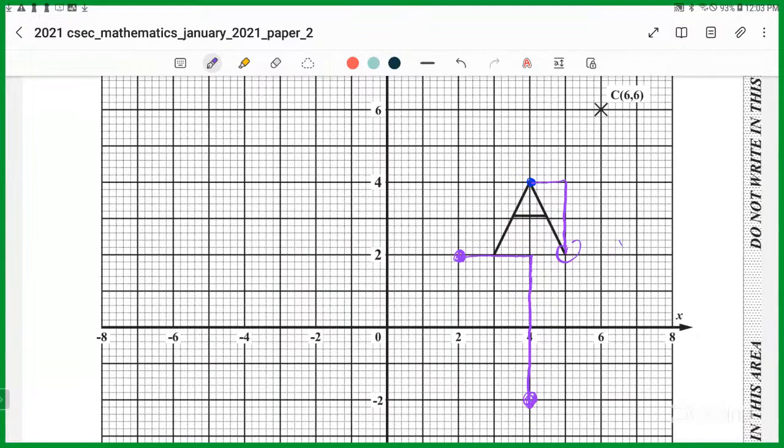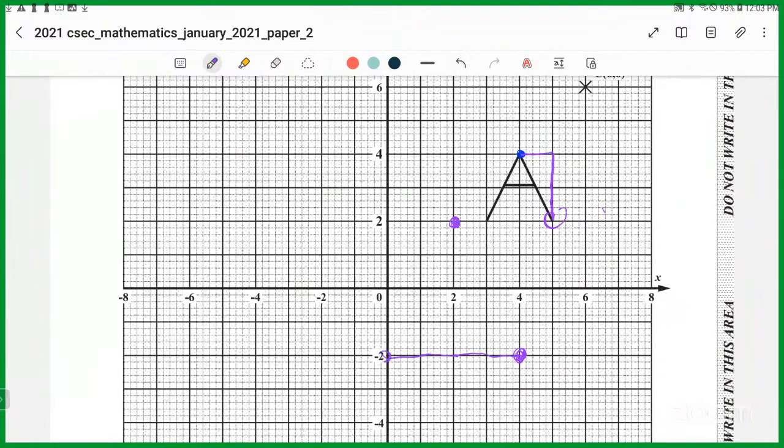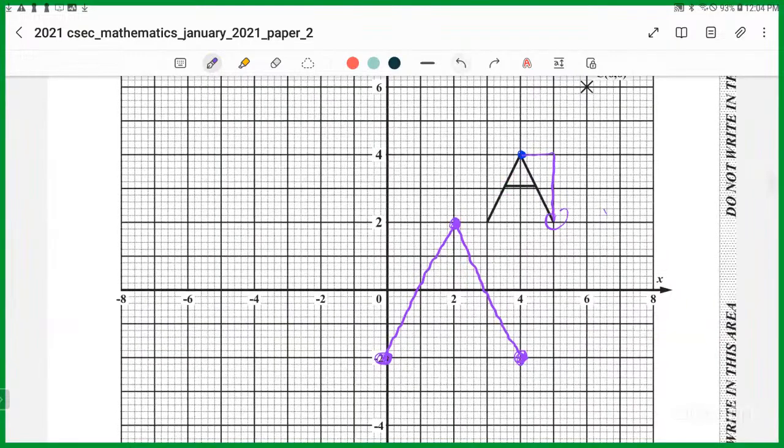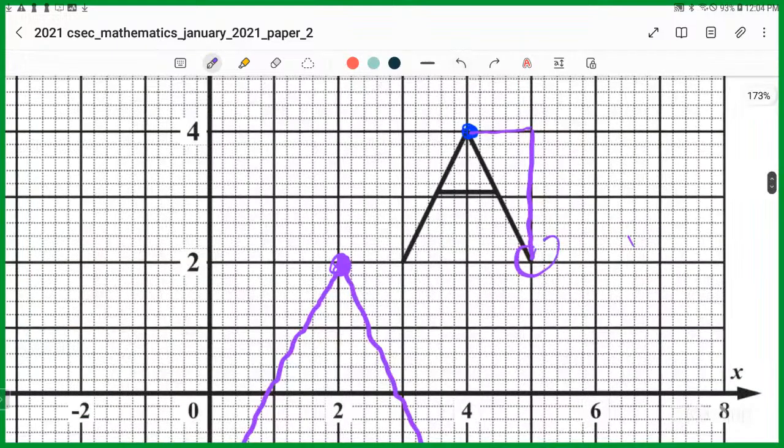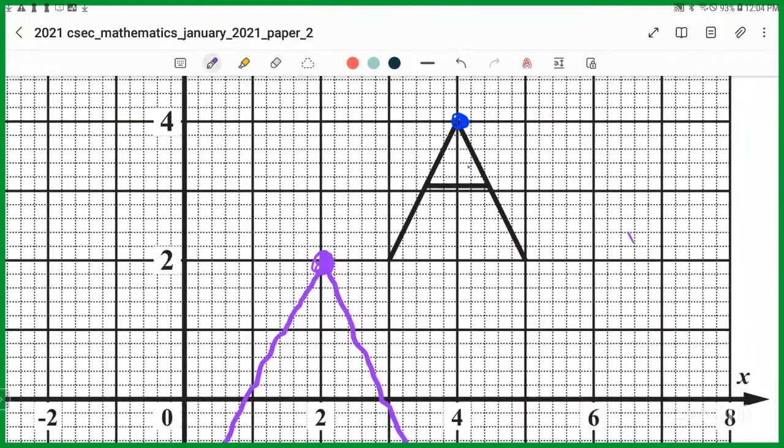And then this distance across here is 2, so on the enlarged one it is 4. 1, 2, 3, 4 to here. That's the outline of your A. And then this is about 1 unit from the top, this horizontal cross piece, halfway, a little bit above.